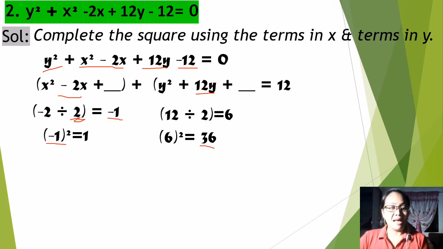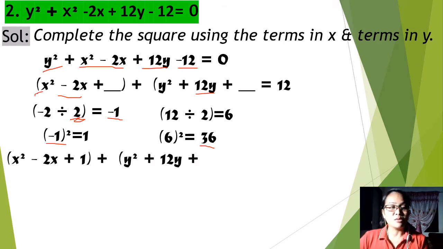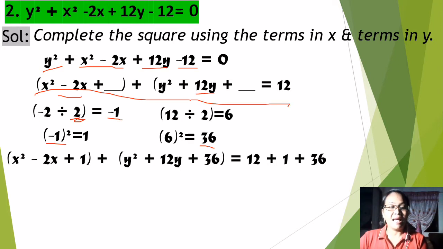Then after that, we can copy now this one by adding the result, which is these numbers. So x squared minus 2x plus 1 plus y squared plus 12y plus 36 is equal to, so kung ano man ang inadd natin dito, ay ganun din ang i-add natin sa kabila.